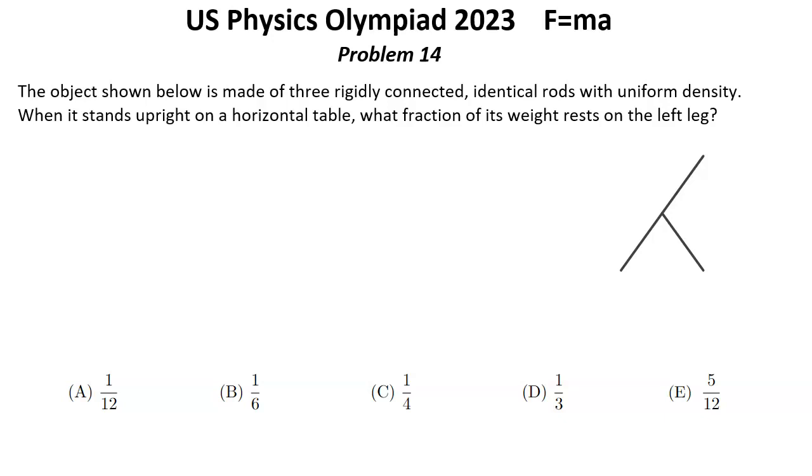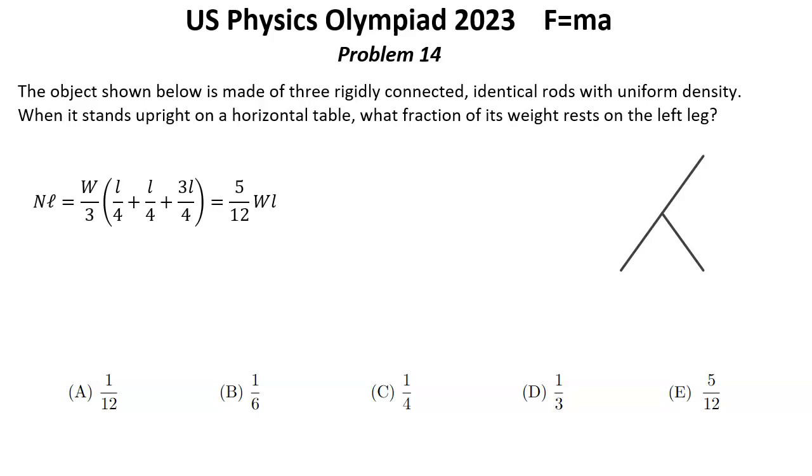Solution for problem 14. Let each rod have weight W over 3. Let the normal force on the left leg be N, and let the distance between the legs be L. If we balance torques about the bottom of the right leg, then the only contributions are from the weights of the rods and the normal force N, which gives us the equation.